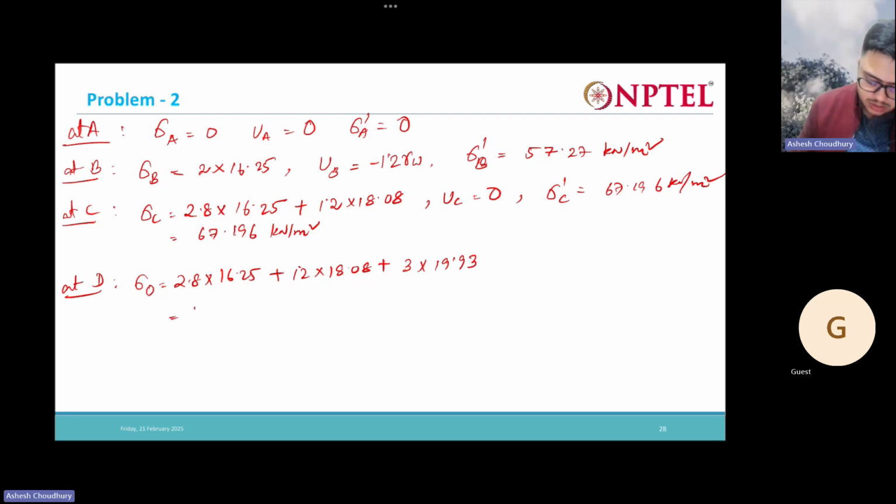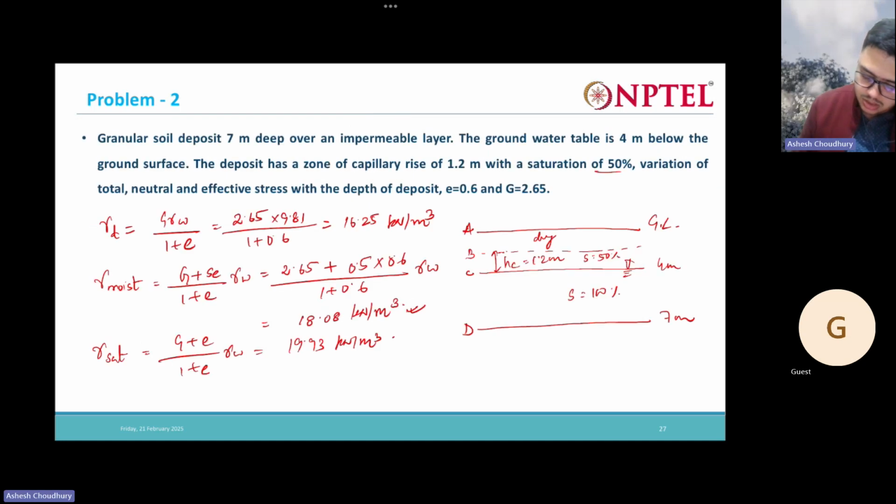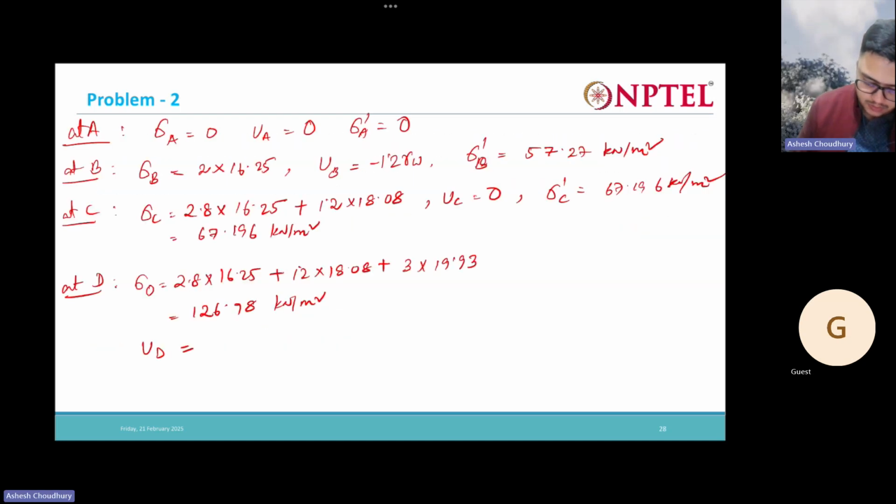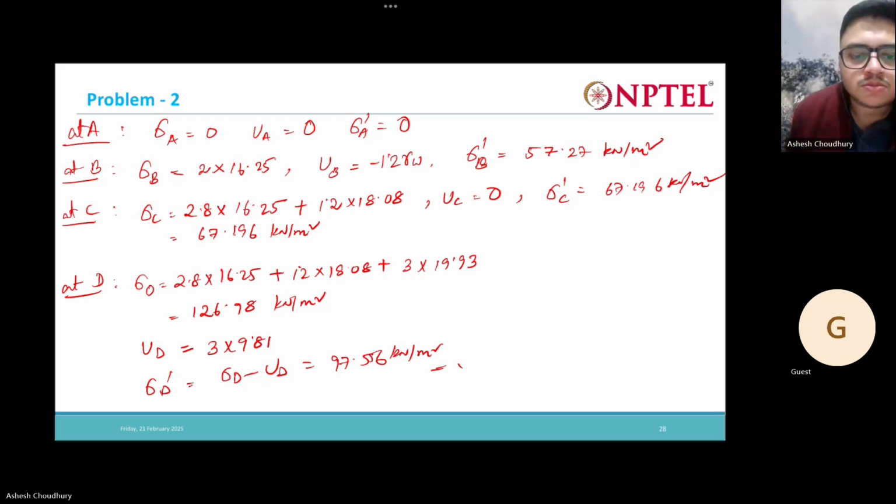This will come out as 26.98. Pore pressure at D is 3 times gamma W. Alright, I hope this is clear. Very simple. Just the tricky part is where there is the capillary action.